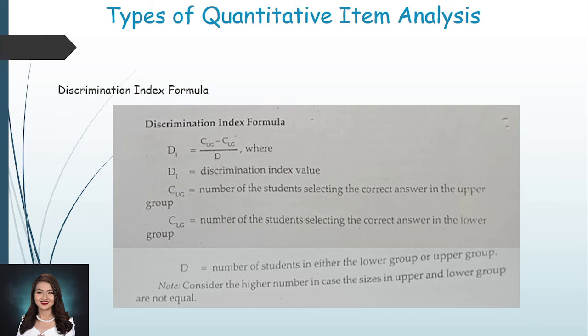And D stands for the number of students in either the lower group or upper group. Take note, you must use the higher number in case the sizes of the upper and lower groups are not equal.